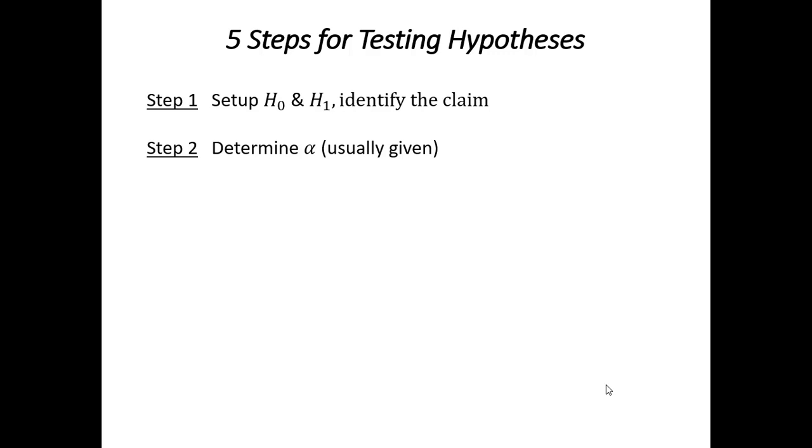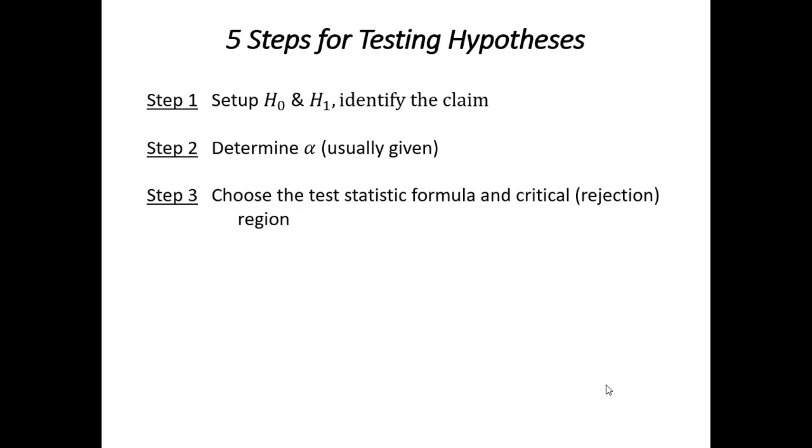In step 2, we determine alpha, usually given in textbook problems, but if you're running a research project, that would take some thought. Step 3, choose the test statistic formula and the critical region. So generally you have to think if you're going to use Z versus T or perhaps something else, and find something we'll call the critical regions and critical values.